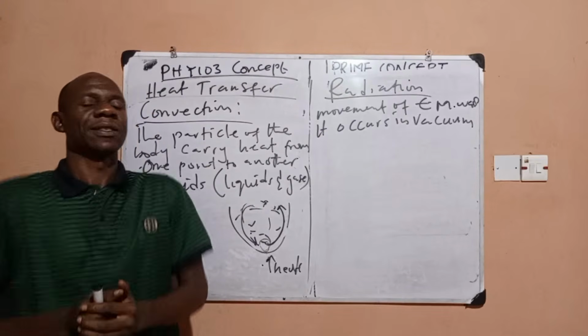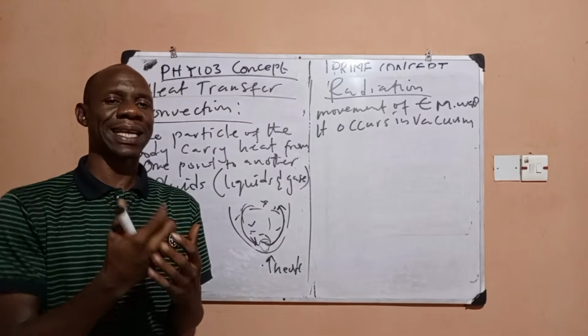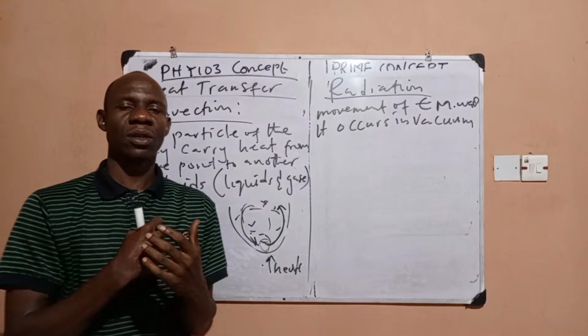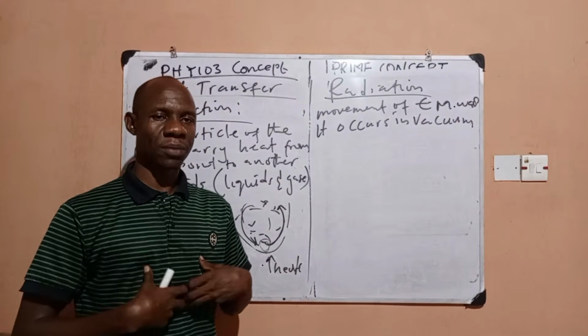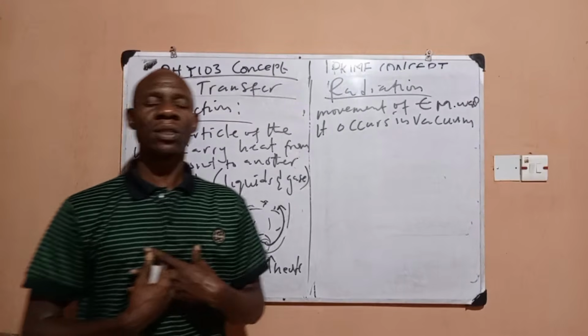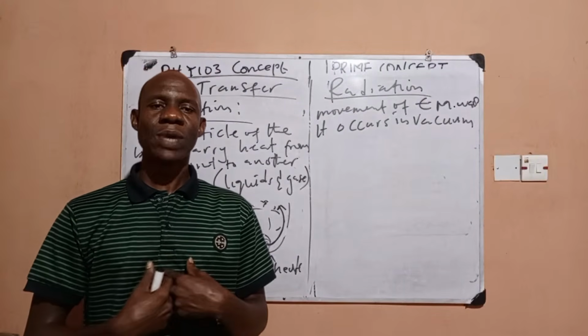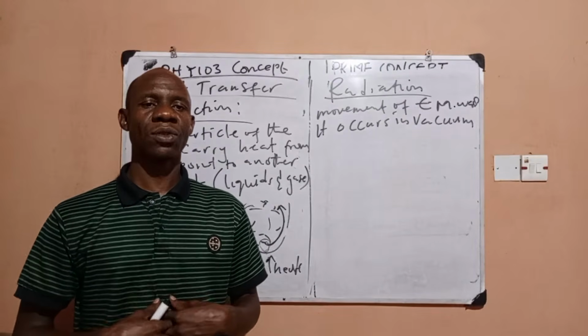All right? Now, there are different kinds of bodies that can absorb radiation or radiate radiation. That's why they will tell you sometimes that under the hot sun you should not wear black clothes. Why would they advise you not to wear black clothes?